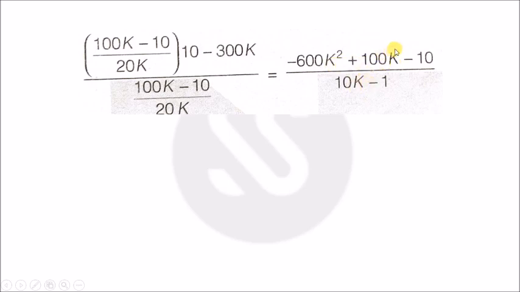Likewise, whatever the value of k, this term is more than the value of k, and the multiplication of minus 600 is very much larger than 100k minus 10. So ultimately this term becomes negative, because this negative is more than this positive.